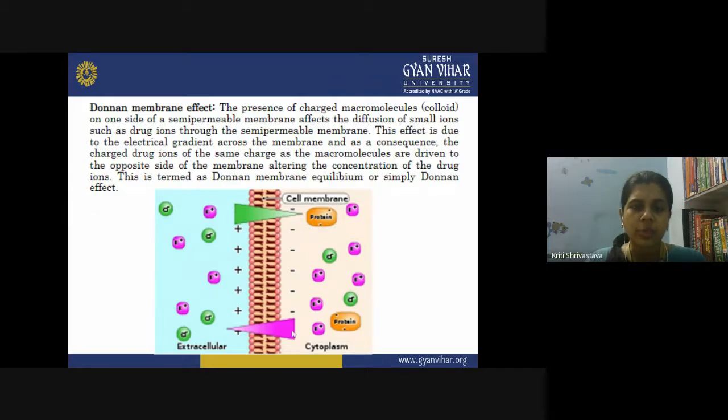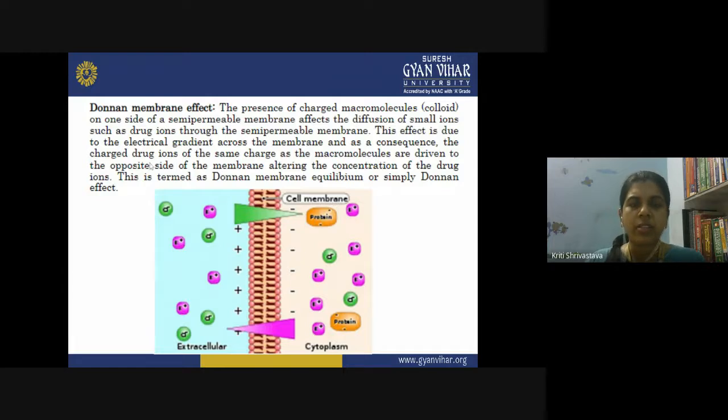So this is the protein molecule, and here are my drug ions. When on one side I have more of these macromolecules, they affect the accumulation of the drug particle inside, and that is simply due to the presence of an electrical gradient across the membrane.